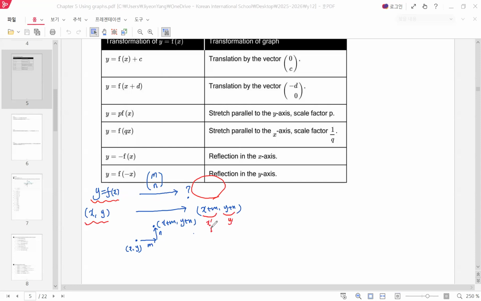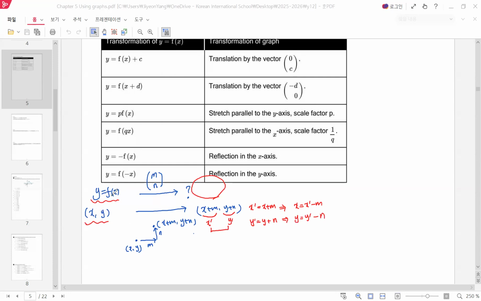We need to find this relationship between x prime and y prime. Then x prime equals x plus m, y prime equals y plus n. Then we can rewrite it as x equals x prime minus m, y equals y prime minus n.